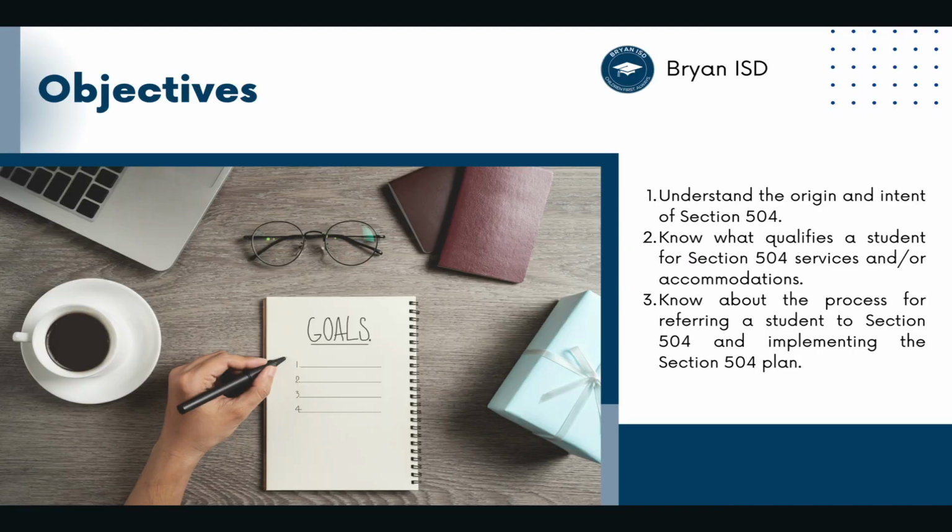And finally, a reminder about our objectives for this session: to understand the origin and intent of Section 504, know what qualifies a student for Section 504 services and/or accommodations, and know about the process for referring a student to Section 504 and implementing the Section 504 plan.